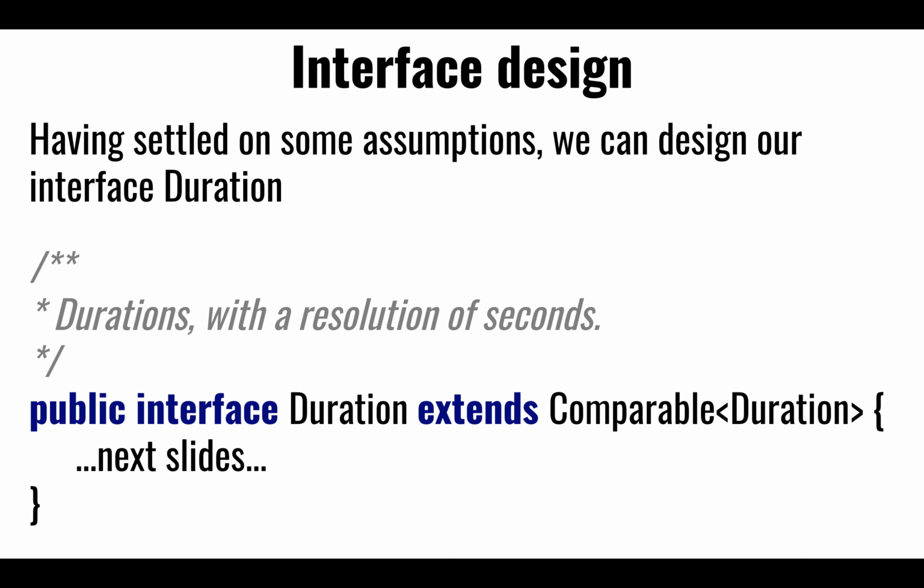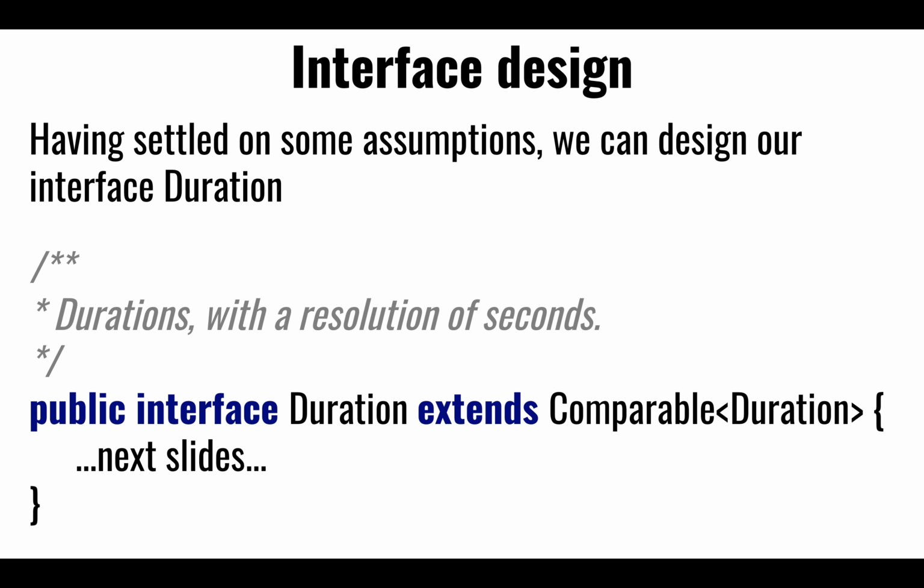All right, so having made some of these assumptions, we can get started on our design and implementation. The best practice typically is to get started at the highest level of abstraction and capture the concept of duration as an interface, and then let specific implementations decide how to implement this interface.